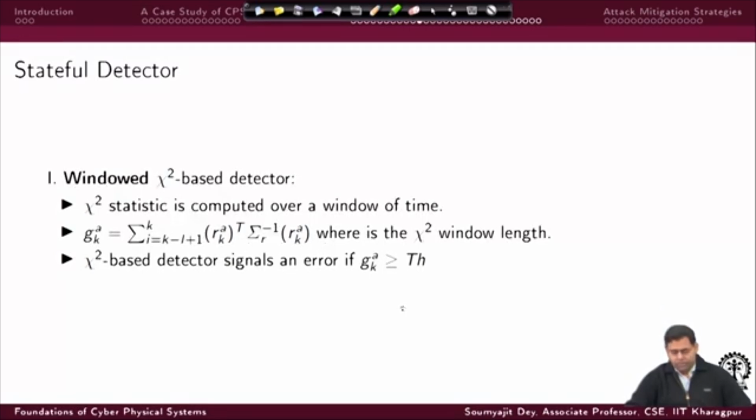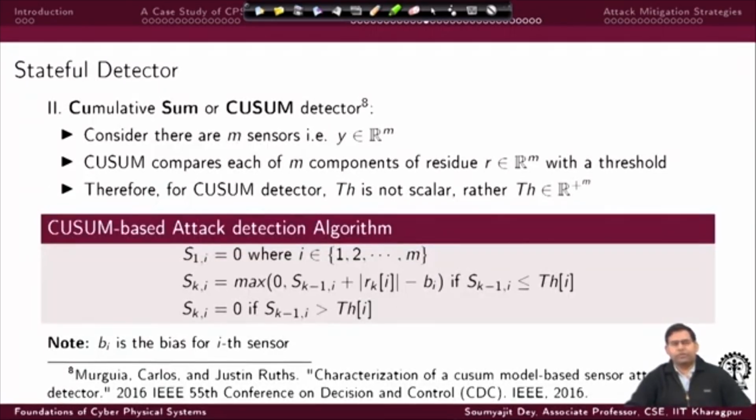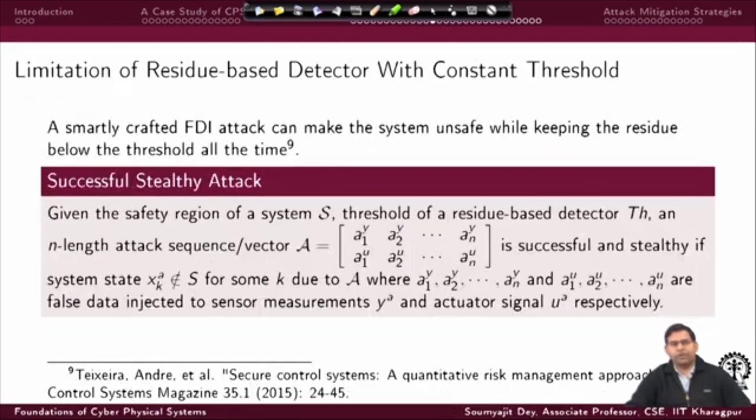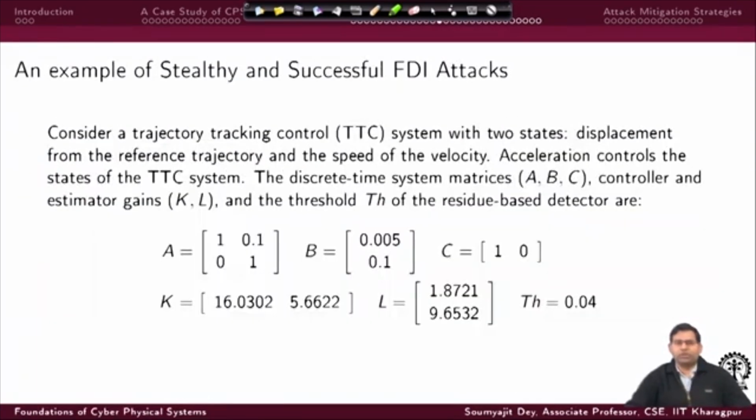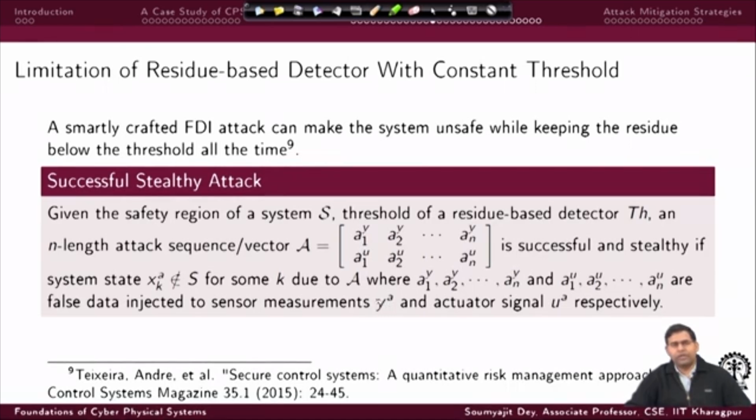Okay. So, maybe we can progress further from here, because we also discussed the stateful detector and what are the limitations if we have these residue based detectors with constant thresholds. Because we said that there can be a successful stealthy attack, because somebody can stay below the threshold.